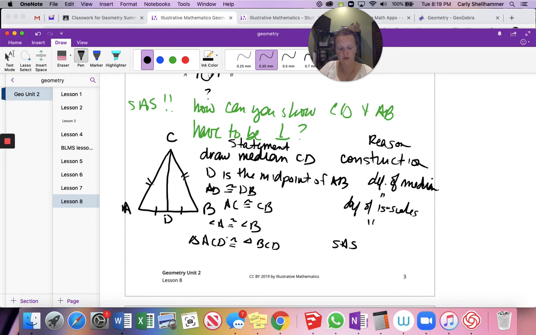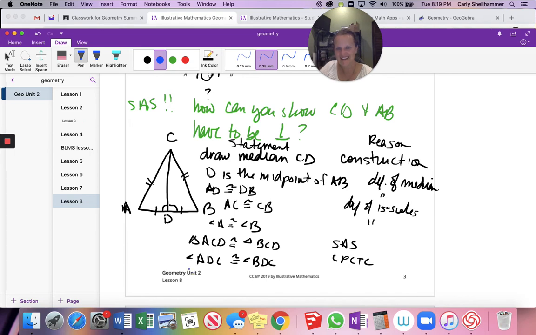Now, because those are congruent, we can say that angle ADC is congruent to angle BDC because of CPCTC. And that's this angle, ADC and BDC. They're congruent.